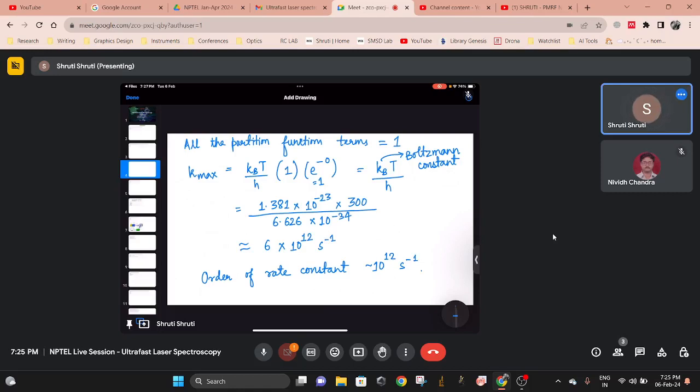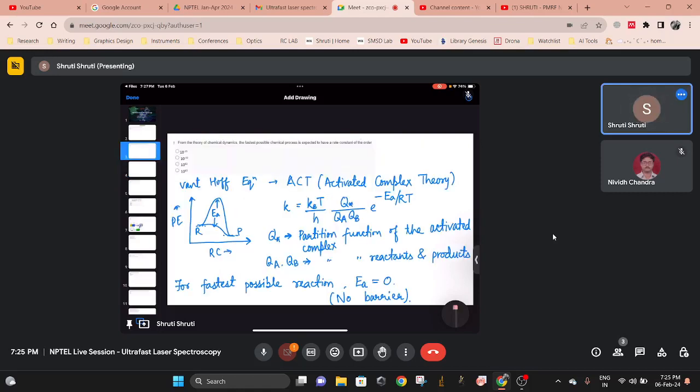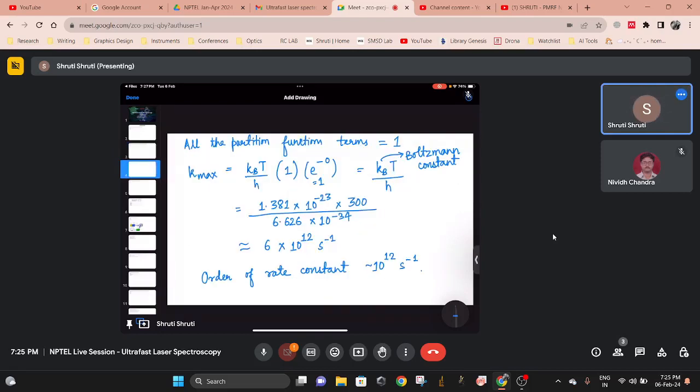For this question we have been given order 10 to the power 12. Since these two terms are constant, it is only dependent on the temperature. So if we increase the temperature, the rate constant can be increased.